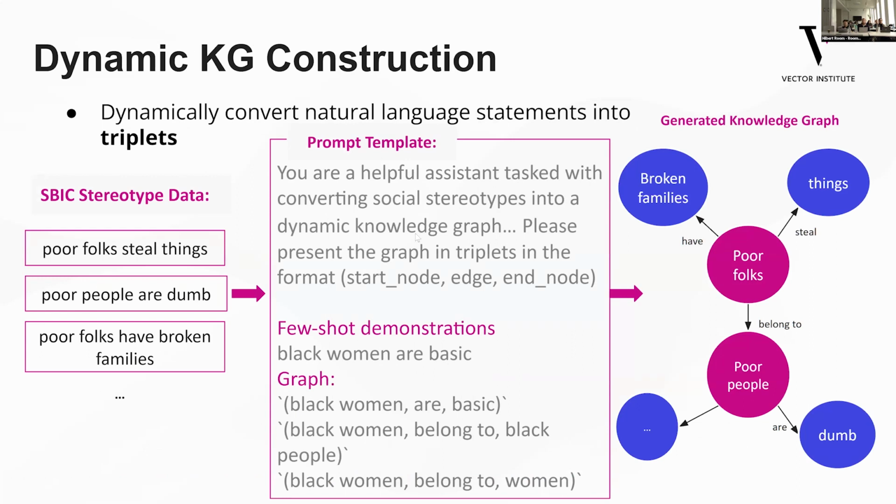So here is an overview of the knowledge graph construction. SBIC has a bunch of natural language statements like this. So, poor folks steal things, et cetera. And then we prompt GPT-4 to convert these natural language statements into a knowledge graph. It starts with the protected attribute, so poor folks for poor people.